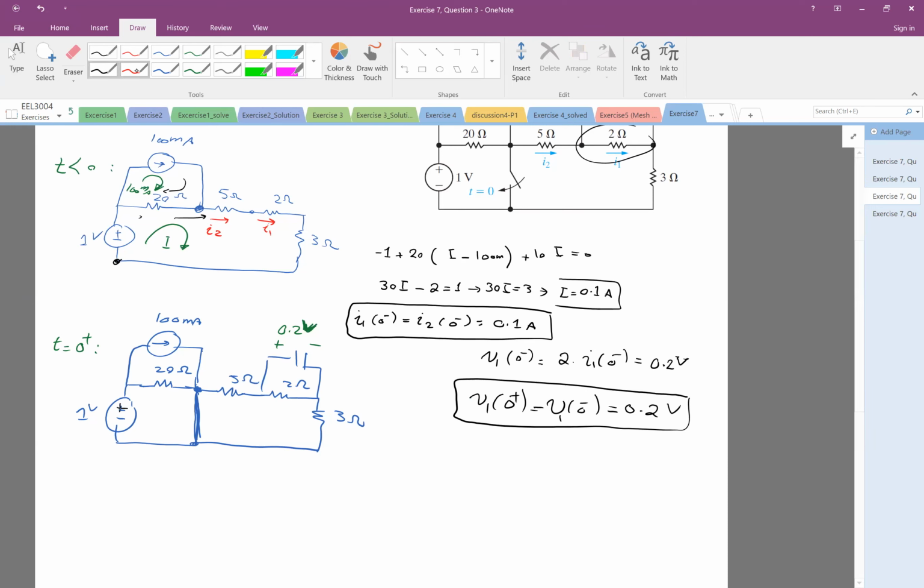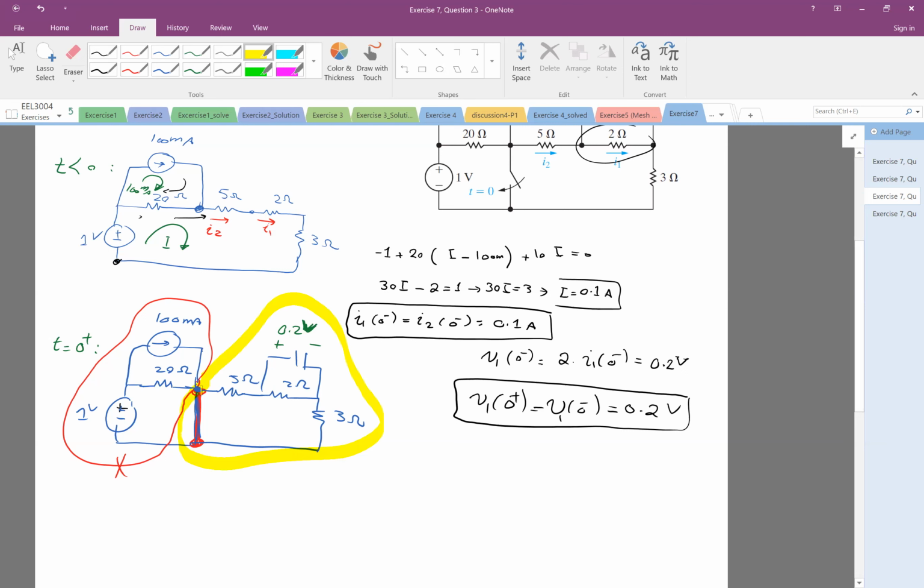But also interestingly here, because we close the switch, this is short circuited. So basically all this part of the circuit doesn't matter anymore, it's shorted. So therefore we can just remove this part and just look at the other side of the circuit.